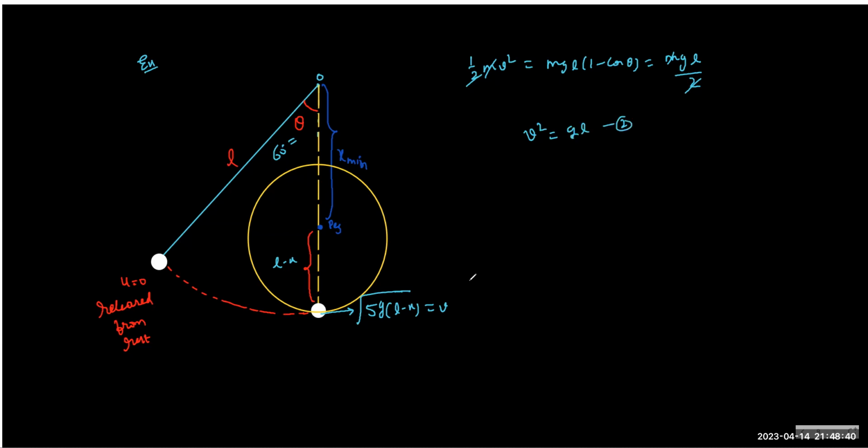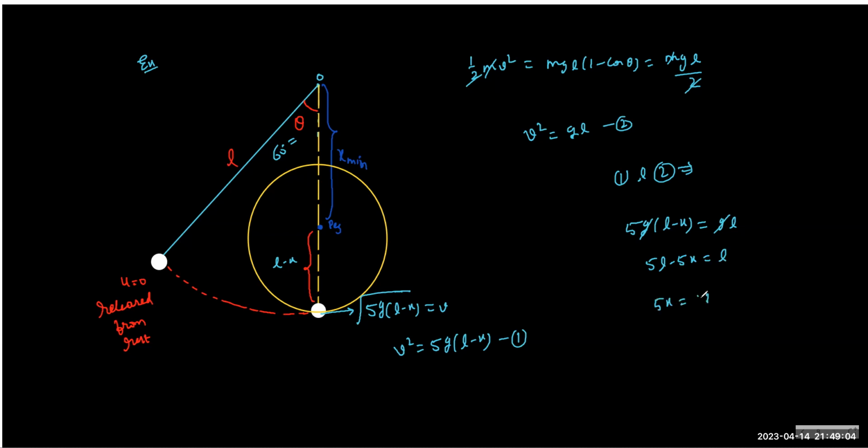Only g L. And what is V square here? 1 and 2 implies, so if you put a peg at 4L by 5, it will perform the complete circular motion.